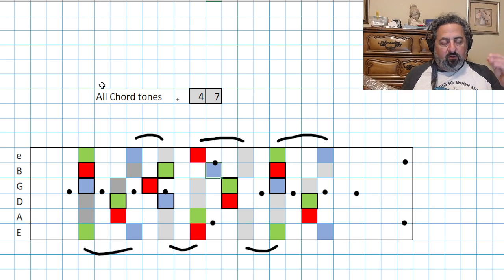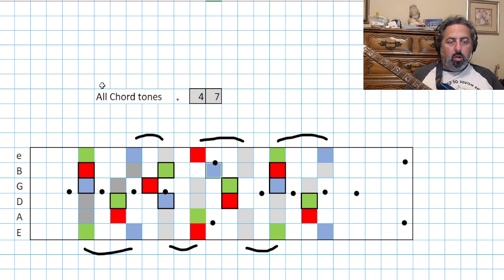You can start to just play these tones and try to hear for yourself what these intervals, what punch they pack.